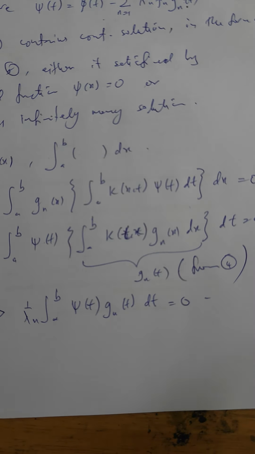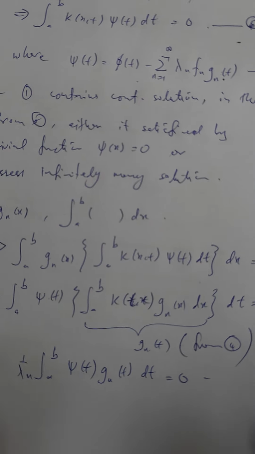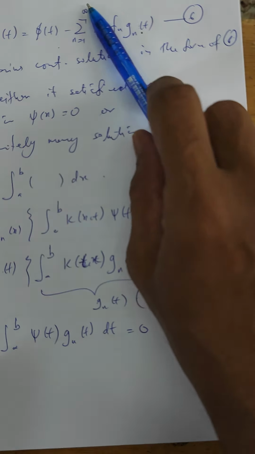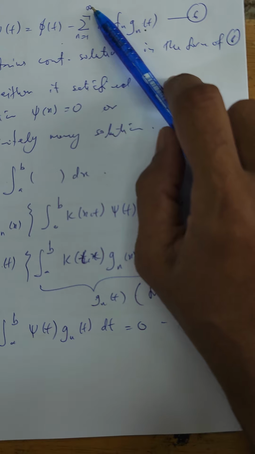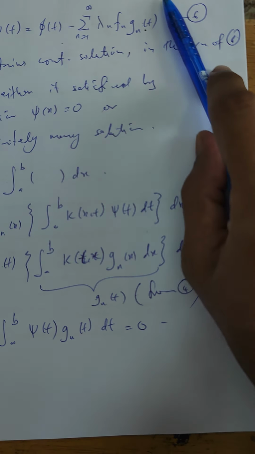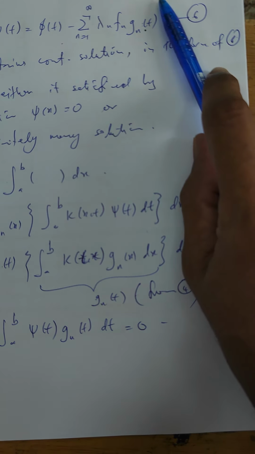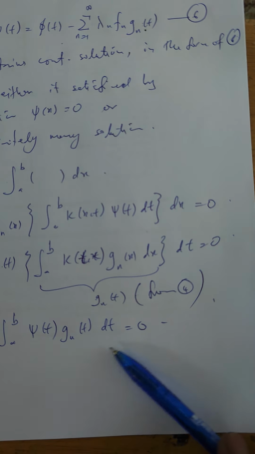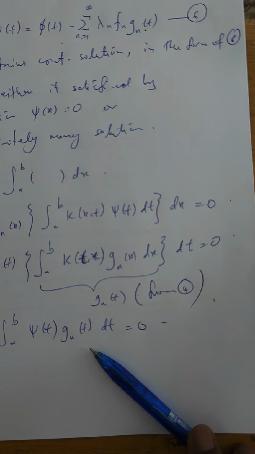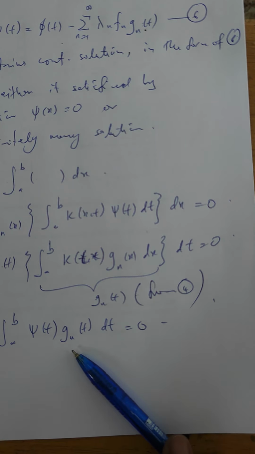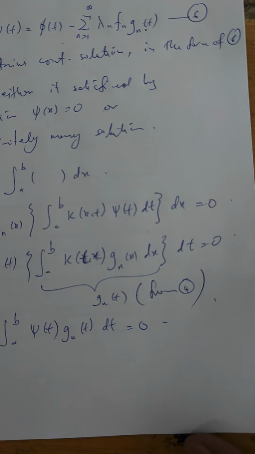So therefore, equation number 5 here contains a non-trivial solution. If this equation contains a non-trivial solution, then that solution must be orthogonal. So this shows that the solution must be orthogonal to all the eigenfunctions g n x. Let me write those things.